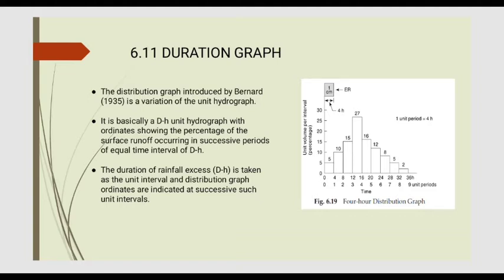The duration of rainfall excess, D hours, is taken as the unit interval, and distribution graph ordinates are indicated at successive such unit intervals.